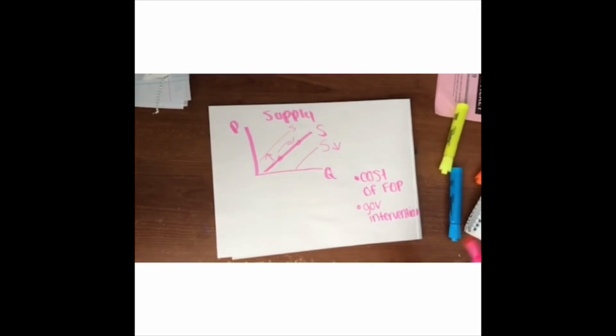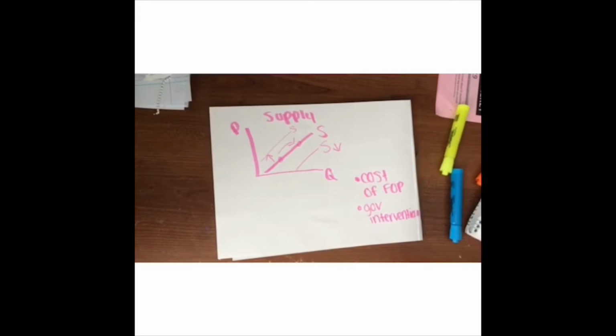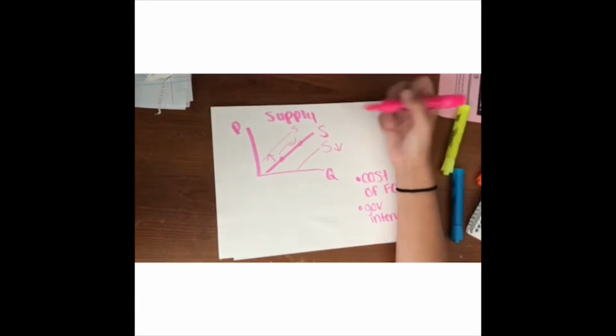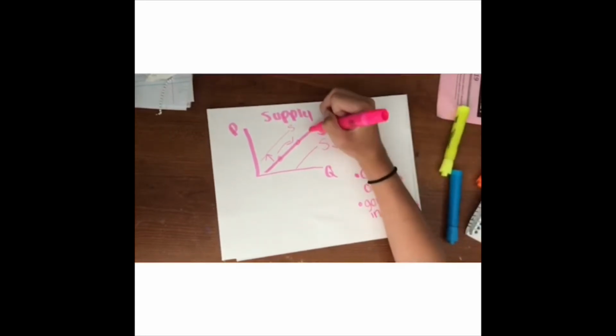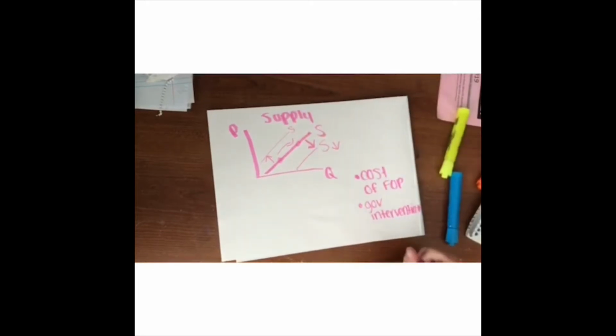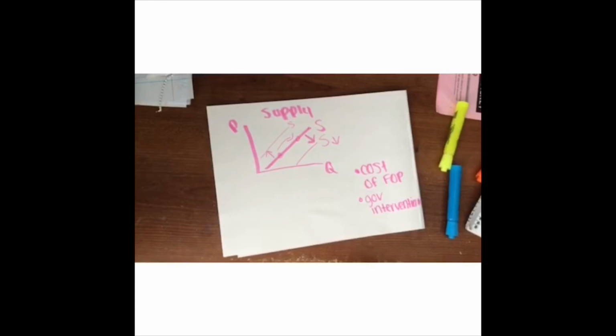So if the government puts subsidies on milk, then this more money that they would be giving would cause an increase in supply, which would be from a downward shift. So you'd be moving from here to here. And the same thing, if they were to take away subsidies, then supply would decrease. So those are the two main determinants for supply.